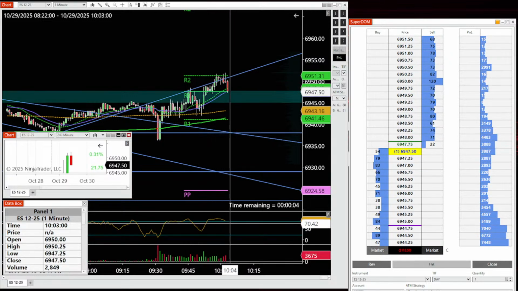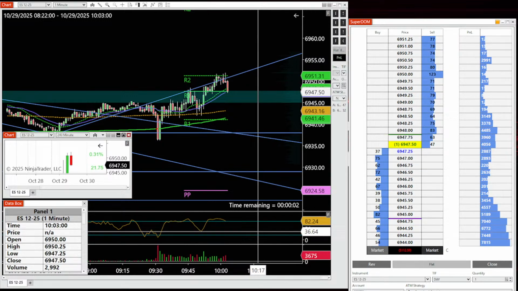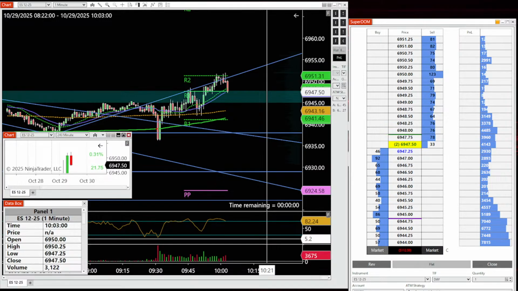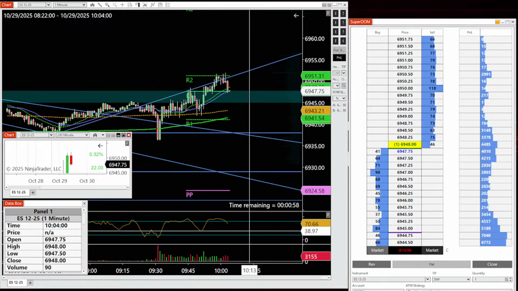Now we're going to have a cycle down and then a run up, if we have another run up.